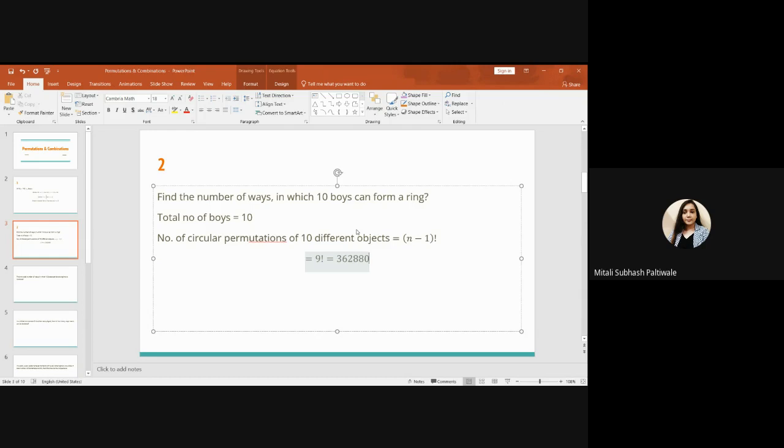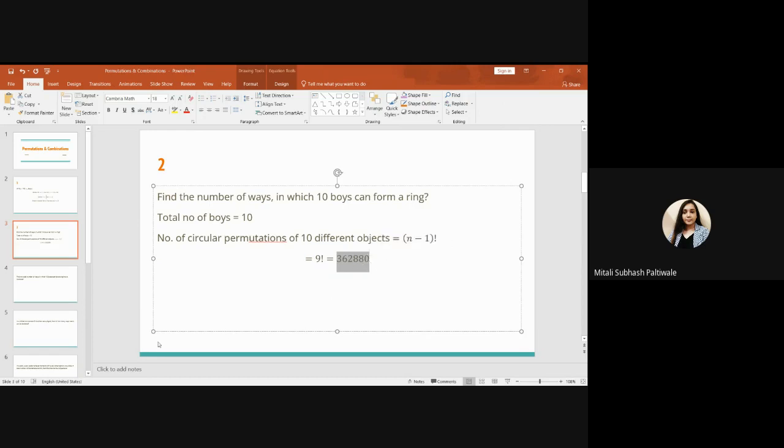This is the only way to find the factorial on the basis of permutation. Now this is the only answer. That means the number of ways in which 10 boys can form a ring: these many ways are there. So boys can arrange the ring in 9 factorial different ways.